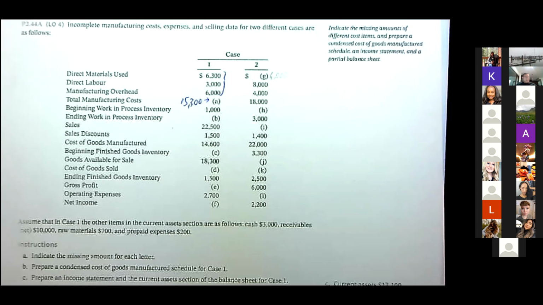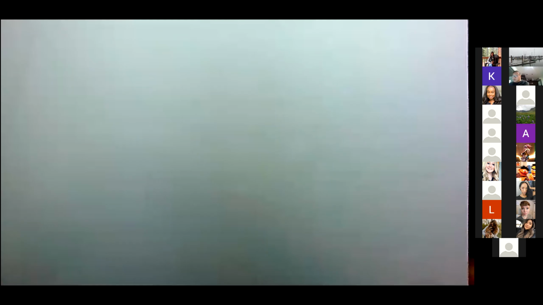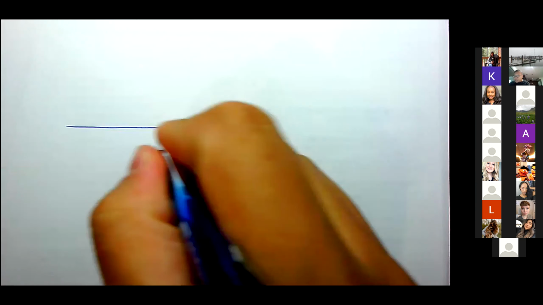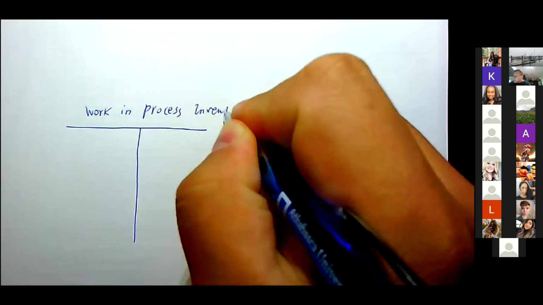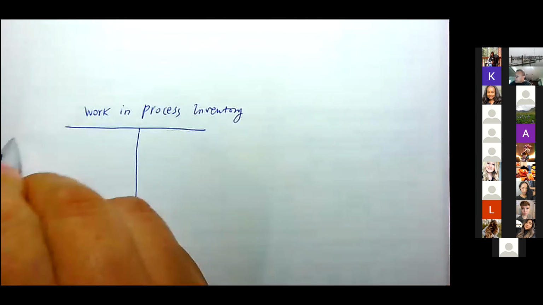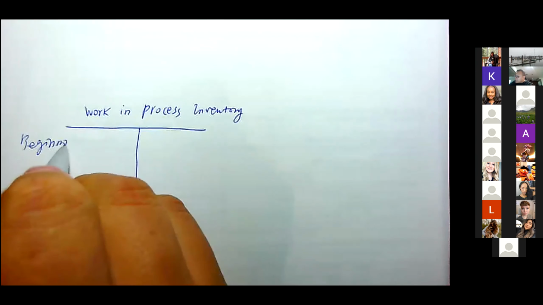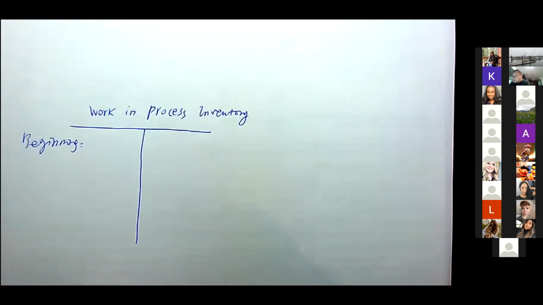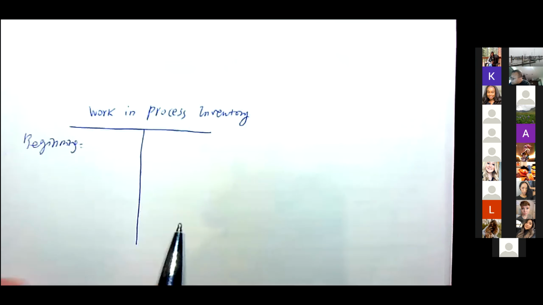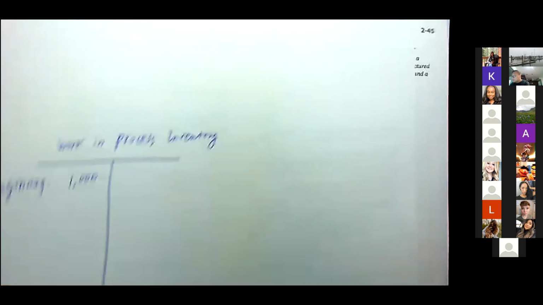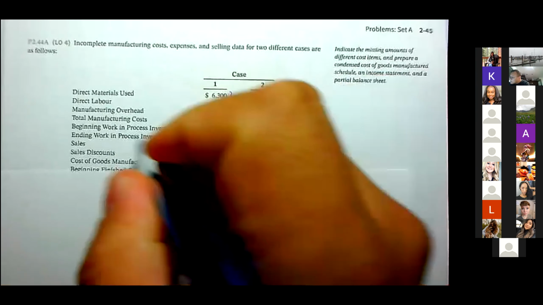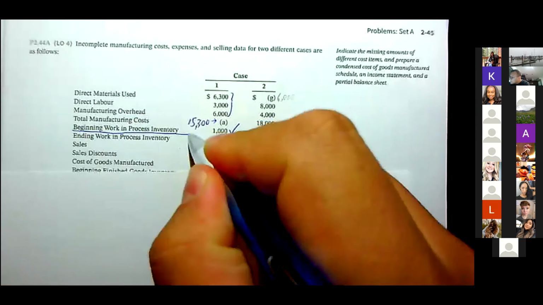If you remember the video I showed you for the work in process inventory, you saw me doing that with the beginning balance. What is the beginning balance? Can anyone tell me? The beginning work in process inventory is 1,000, right? So that's this one here.